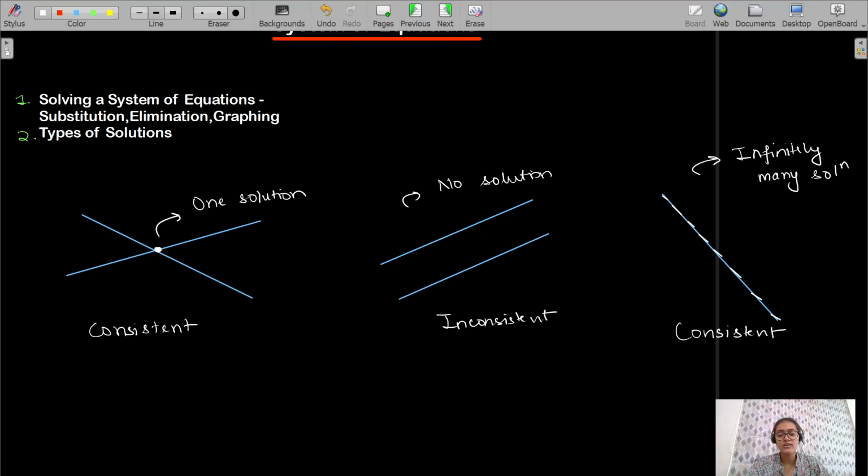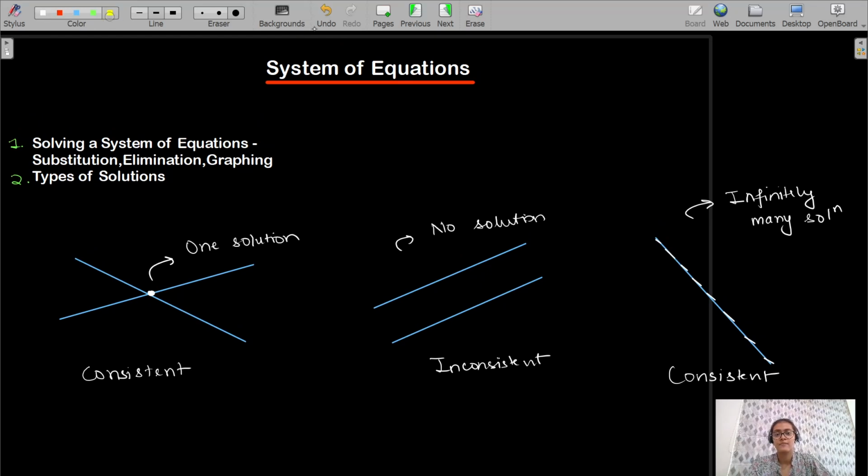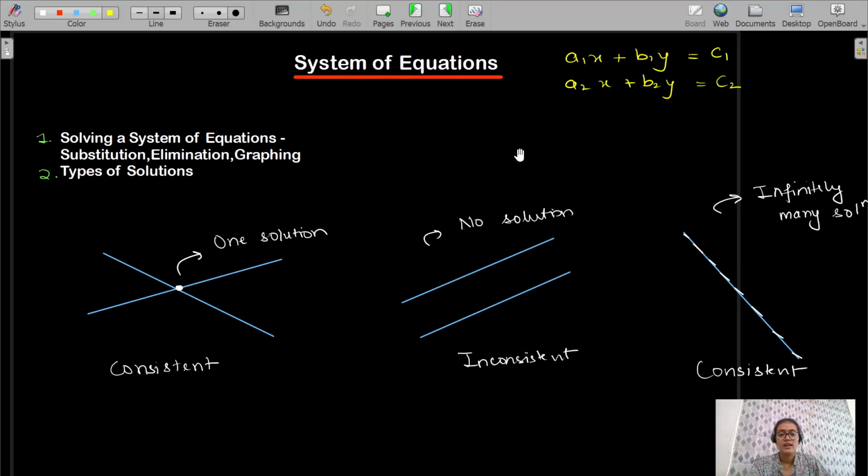Let's assume that your system of equations is a1x plus b1y equals c1, and a2x plus b2y equals c2. So in the first case, when you're getting one solution, which is the case of intersecting lines, the ratio of a1 and a2 will be not equal to the ratio of b1 and b2.